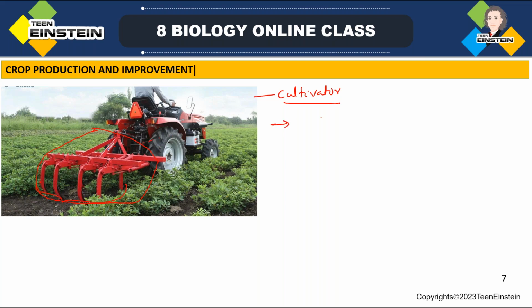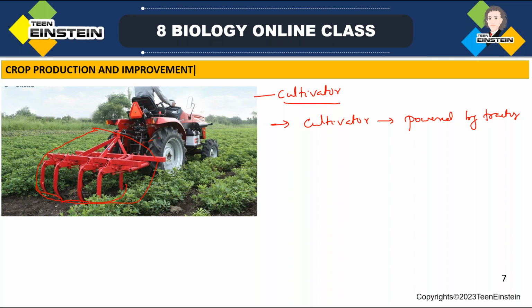So the cultivator is powered by a tractor. The cultivator is connected to a tractor, and by using that, weeding is done.